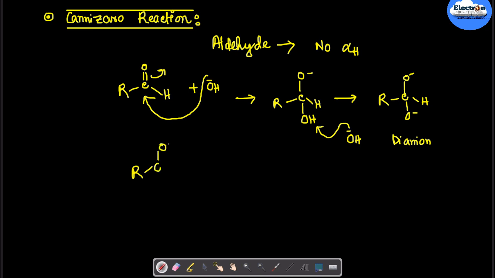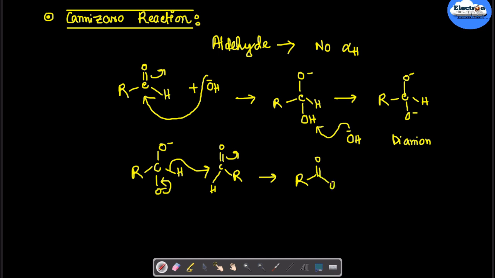After that, in the next step, the dianion will act like a reagent. So here we have O minus, and the H here will get eliminated from this compound, and subsequently the O minus will form a double bond, and another carbonyl carbon atom will be attached with this carbon atom, and here the O minus will be generated, and thus the first one will be converted to a carbonyl carbon atom.